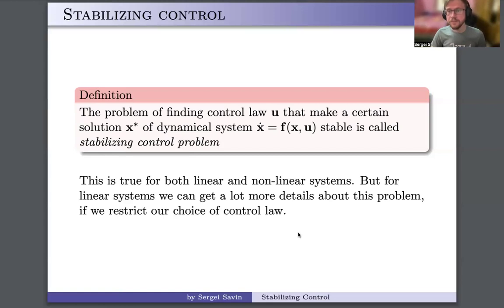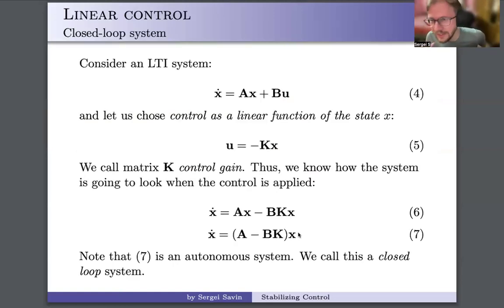So let us consider problem of linear control, right? So what I'm trying to say here, we're going to consider stabilizing control problem, but when the control has to be linear. So not only the system is linear, but the control is also linear. So let's see it in the example.